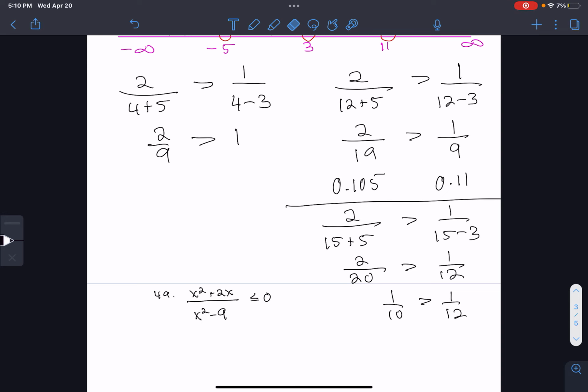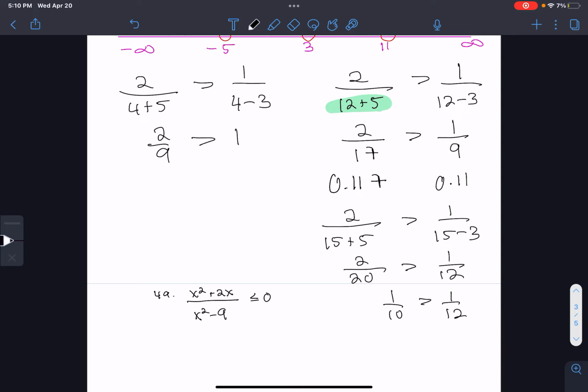You're probably looking like, okay, you wanted to scratch this whole problem. And guess what? I found my mistake, everybody. 12 plus 5 is not 19. That is 17, everybody. So here, I'm going to erase this. 2 divided by 17 is actually, look at this, 0.117.